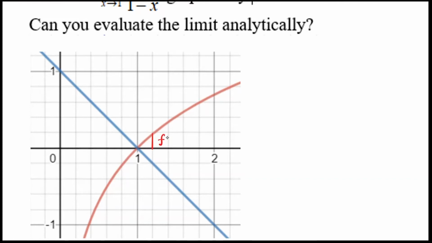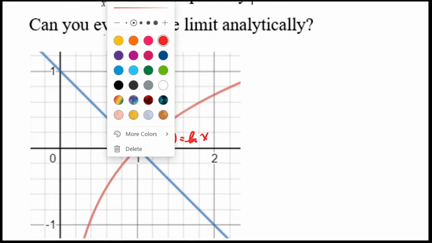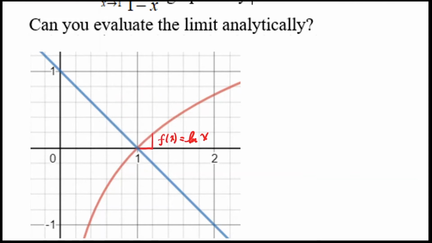This is the value of f of x, which is ln x, and this is the value of g of x, which is 1 minus x. Do you see that?